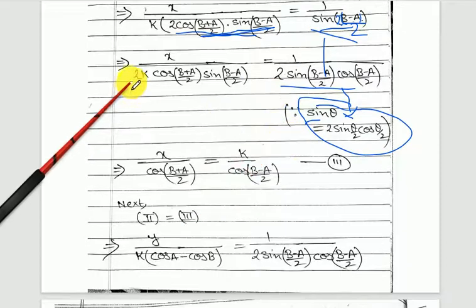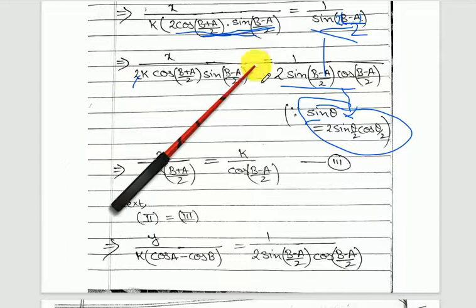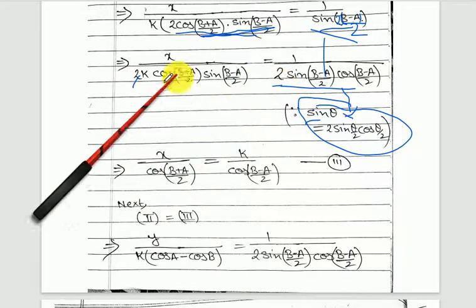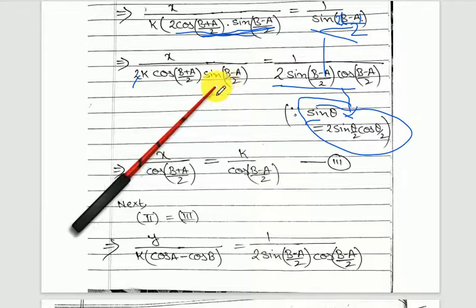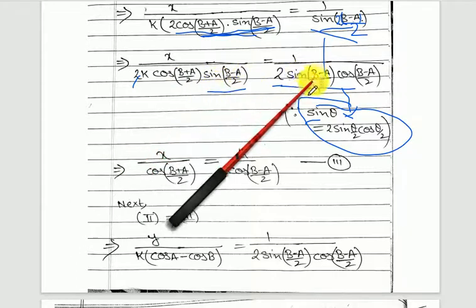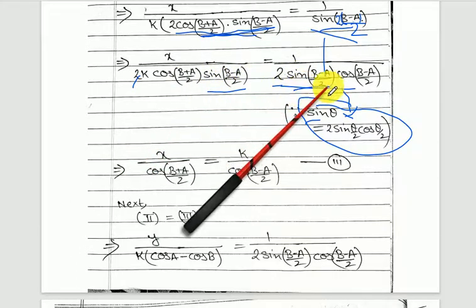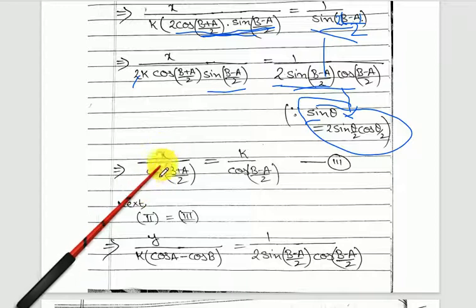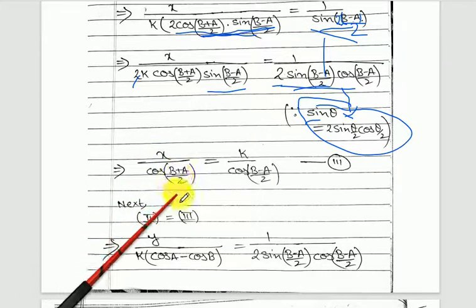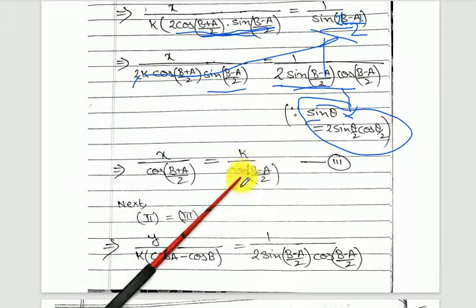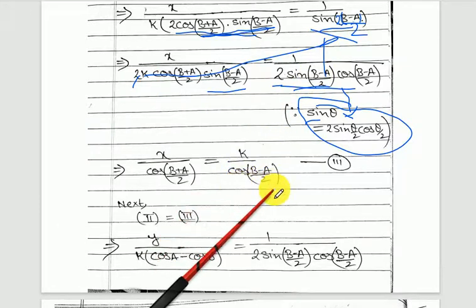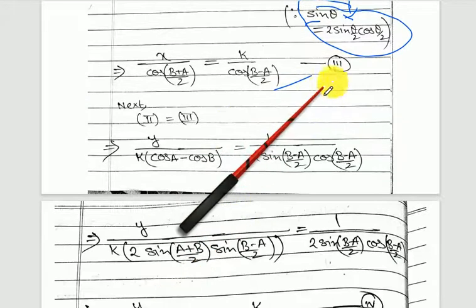Then you'll see that here 2 and here 2 get cancelled. Then sine (b minus a) upon 2 here, and these two will get cancelled. So you're left with x upon cos (b plus a) upon 2. This k goes in the numerator on the right, and k upon cos (b minus a). So one part is done.